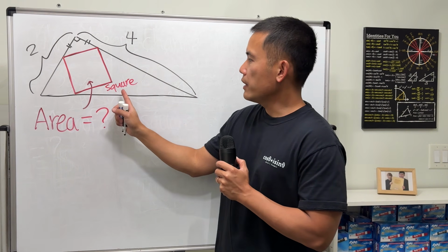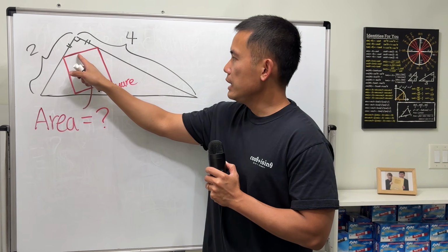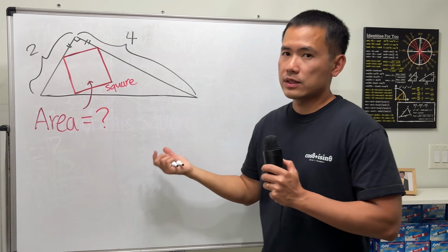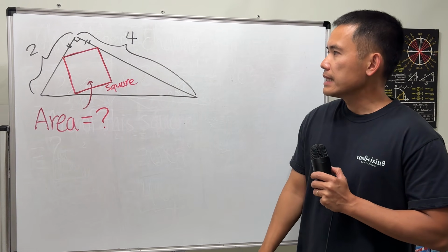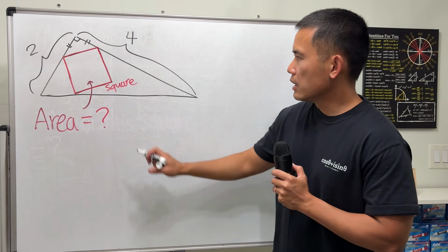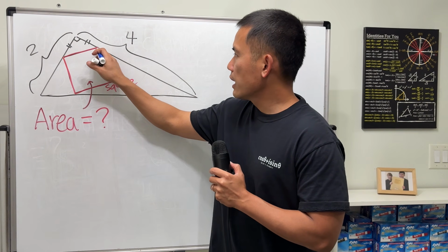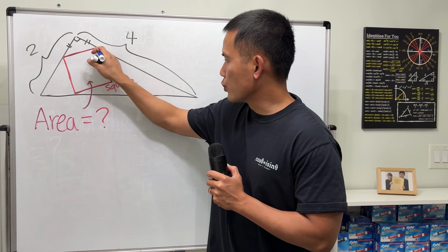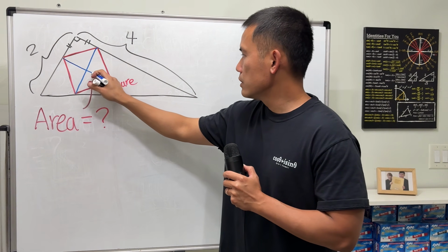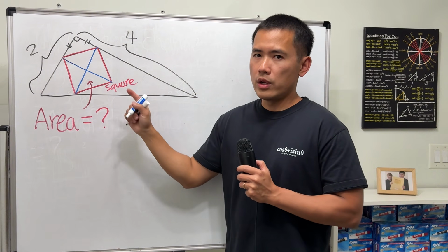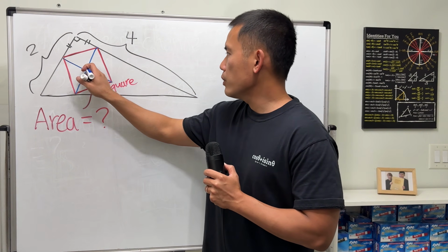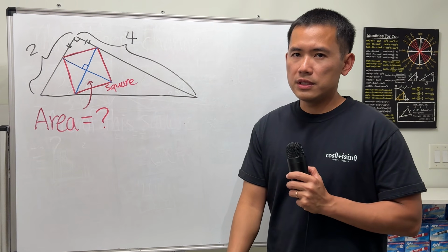Well, of course, to find the area of a square, we need to know each side. If this is x, then of course the area is just x squared. But I'm not actually going to call this x, because if we connect the diagonals, if you draw the diagonal from here to here, and this diagonal as well, because this is a square, we know that the diagonals will be equal, and also this is going to be 90 degrees.